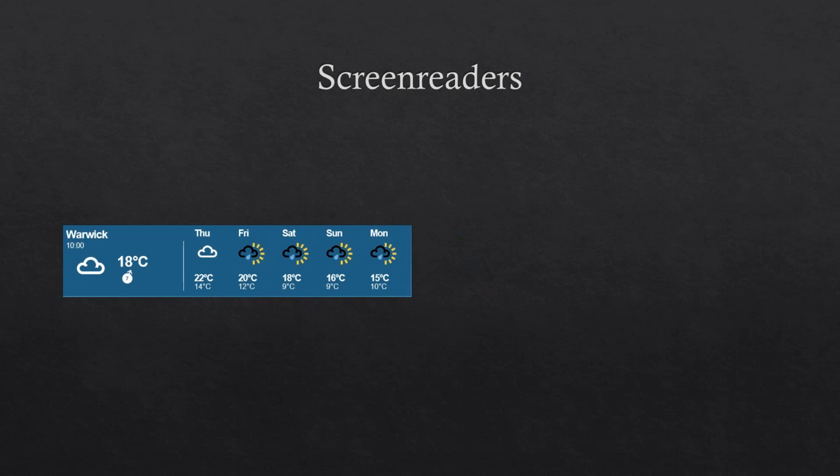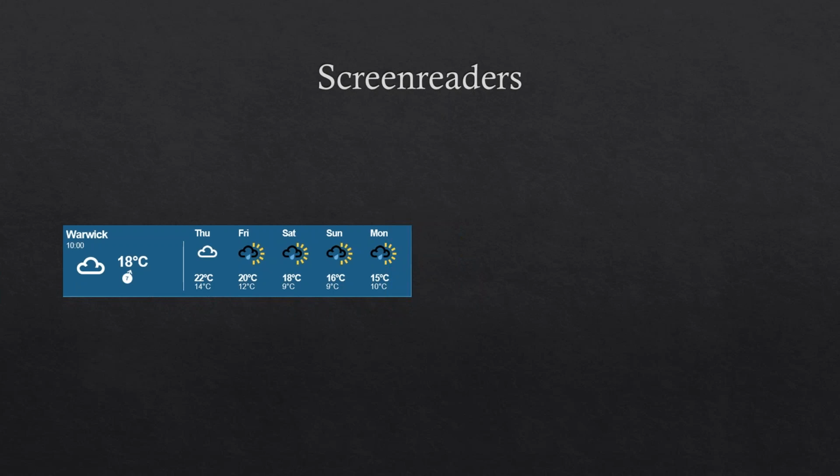Now, text-wise, all that information tells me is Thursday it's going to be 22 degrees high or 14 degrees low, but there isn't any text telling me what the weather is going to be like in terms of cloudy, rainy, sunny, and so on. So a screen reader, whilst it can use this synthesized speech, this text-to-speech engine to read out text and turn it into speech for me, you might be wondering how it deals with graphics and images.